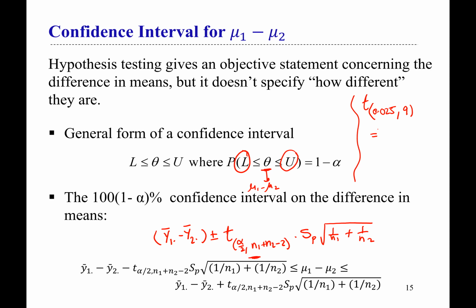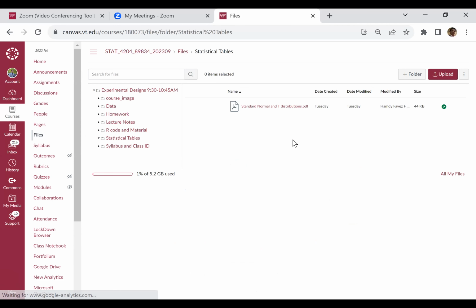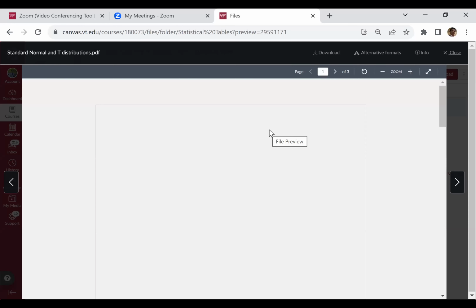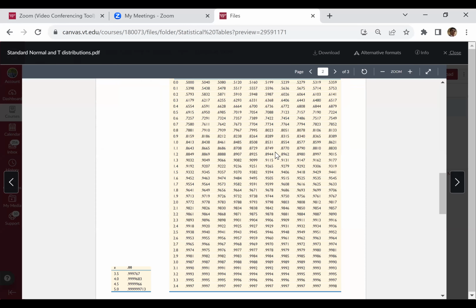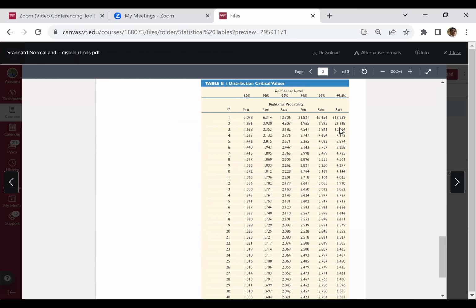So let's go to the t value. I already uploaded the t distribution table on Canvas. So let me show you this one. Under statistical tables, this is the standard normal distribution table and the t distribution. The first 2 pages are for the standard normal distribution. The last page is the t distribution.